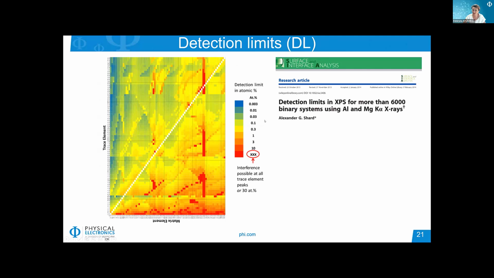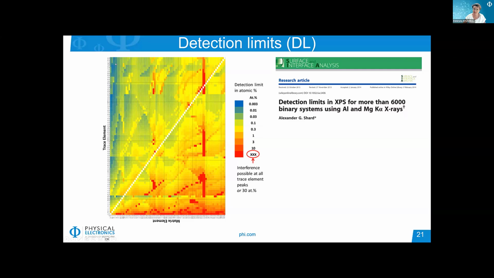However, we have lots of data now that helps us understand and plan the experiment. Alex Shard from NPL published a really important paper with detection limits for more than 6,000 binary systems using both aluminum and magnesium X-ray sources. Here's an example of the plot that is included in that paper. You have the trace element and the matrix element. So you can see how different these detection limits can be.